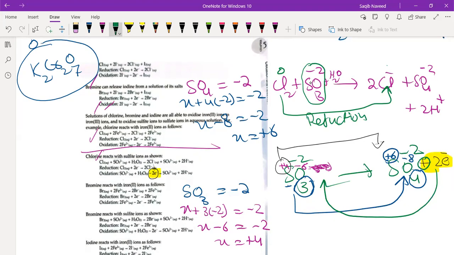In an oxidation reaction, if you put the electrons on the product side, it is going to be +2 electrons. If you plan to write it on the reactant side, then it would be -2 electrons. Okay, any questions?